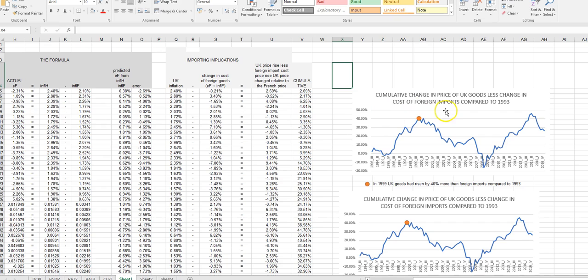I've only done one of the cumulative change, and what you do is you use the graphing functions of Excel, and also again choose a point and explain one point in the graph in the notes.